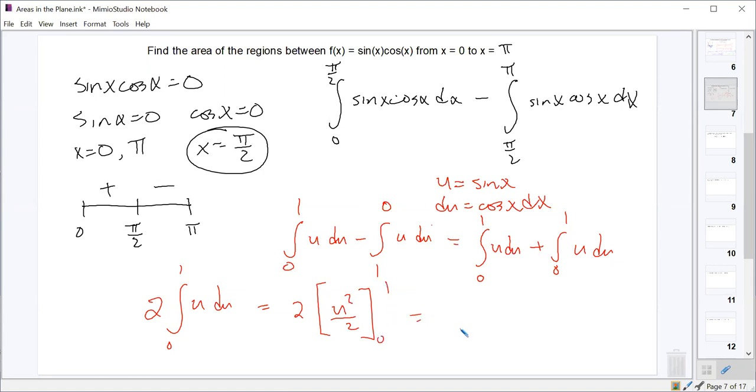And what does that give us? 2 times a half minus 0, or 1 unit squared. Good or no? Good. Any questions on any of that so far?